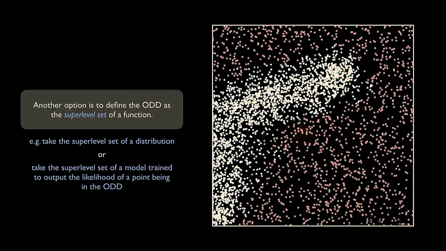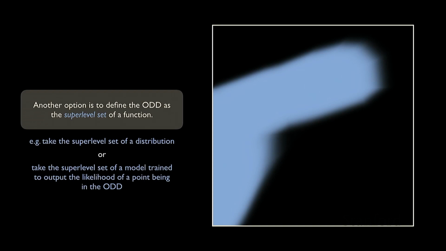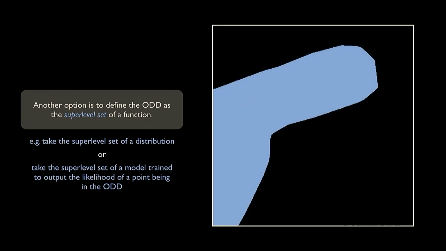So for example, we could gather a whole bunch of data, we could keep the data we had in the operational design domain, then we could gather a whole bunch of data outside the operational design domain, and then train a classifier to take in a point and say, is it outside or inside, and output a probability of that. So maybe we get a classifier with probabilities that look like this, and then we can just threshold that probability and say if that probability is greater than some value, we'll say that it's inside of the operational design domain, and we get something like this.